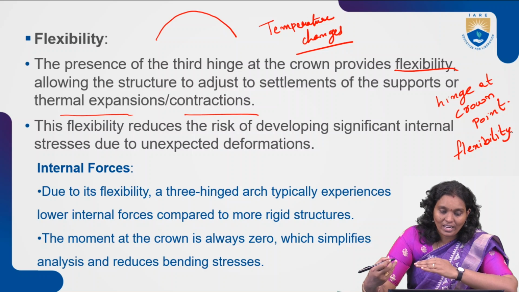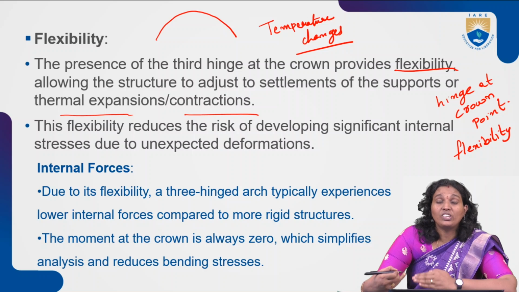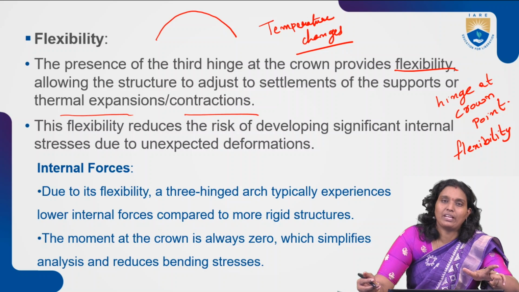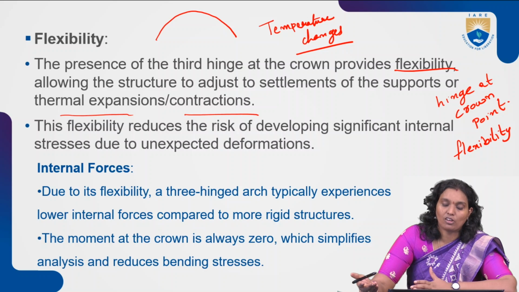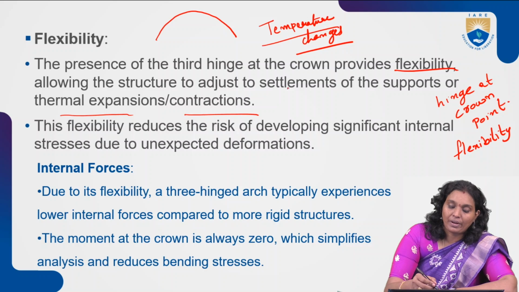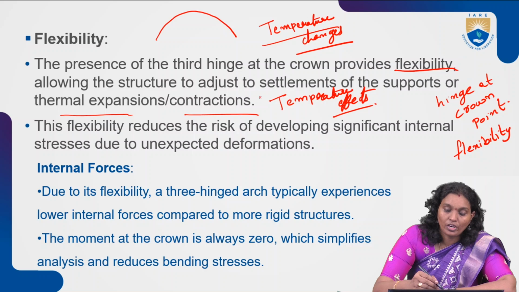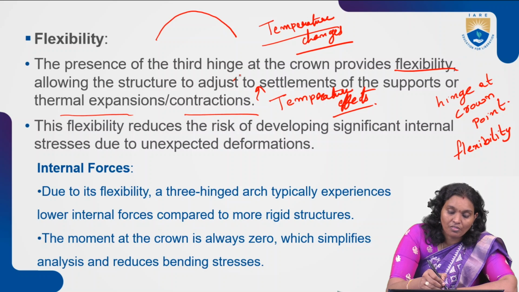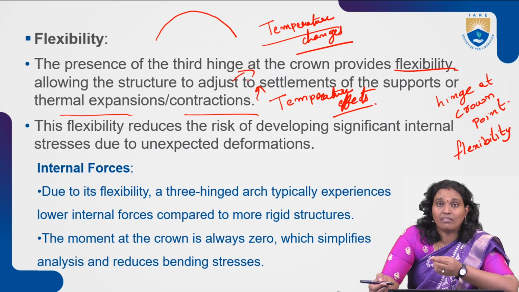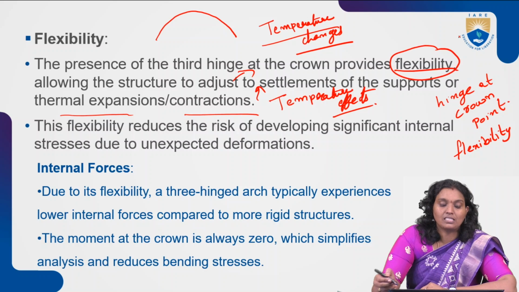It also allows the structure to adjust to the settlements that happen because of these temperature effects, those thermal expansions or contractions. Because of the temperature effects, it is going to adjust and settle because of the third hinge, the one more hinge which is there. So that one is helpful for this flexibility.